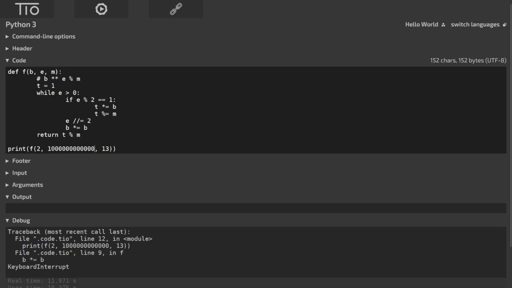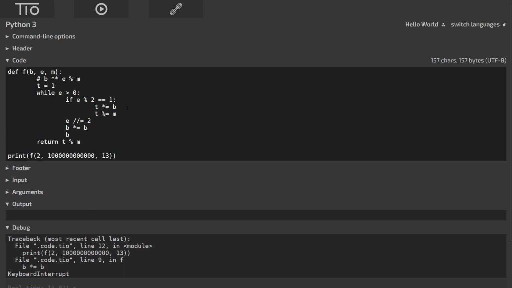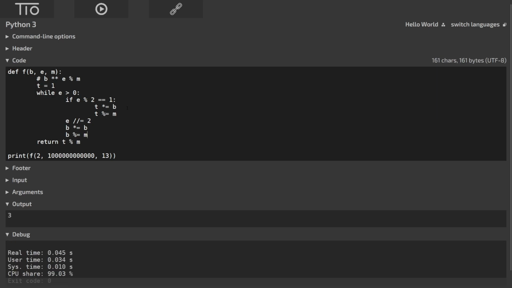Oh, sorry, another thing I forgot to do. Yeah, so t is being multiplied by b, which means that t can be modulated by m in the middle, but it also means that b can be modulated by m in the middle. That is also crucial, because otherwise b will blow up. And yeah, this finishes instantly.